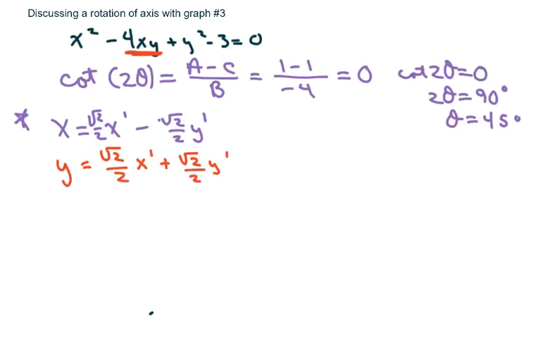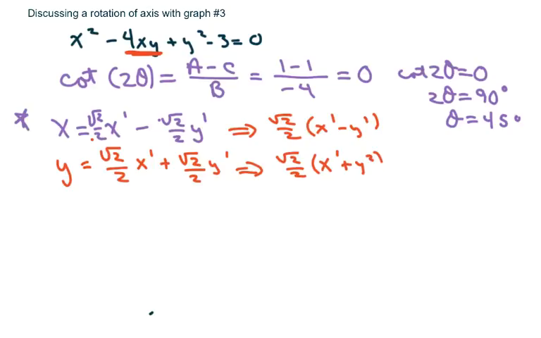So basically, wherever there's an x, I'm going to put this. Let's simplify this. This is really square root of 2 over 2 times (x prime minus y prime), and this one is the same, but with the plus. So I'm going to take this equation and substitute. My x is square root of 2 over 2 (x prime minus y prime), and then square it.